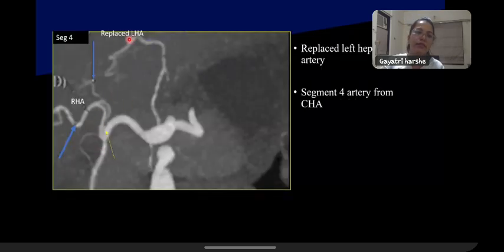Here is a case where there is a replaced left hepatic artery from the left gastric artery. What we need to understand is the segment 4 artery origin, that is from here. So if this patient is undergoing transplant for the right lobe of the liver, it is difficult to get extrahepatic length for the right lobe.